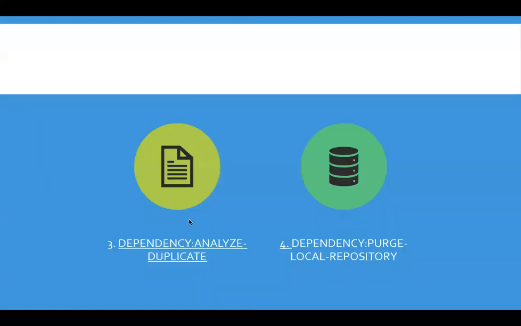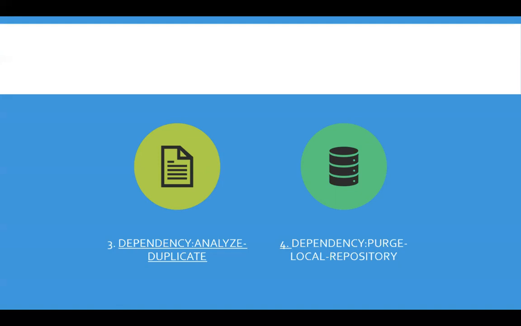The next goal is dependency analyze duplicate. It analyzes the dependencies tag and dependency management tags in your pom.xml file and determines the duplicate declared dependencies, hence optimizing your project. Another is dependency purge local repository. If you run this goal, it tells Maven to clear dependency artifact files in the local repository and optionally re-resolve them from the remote repositories.